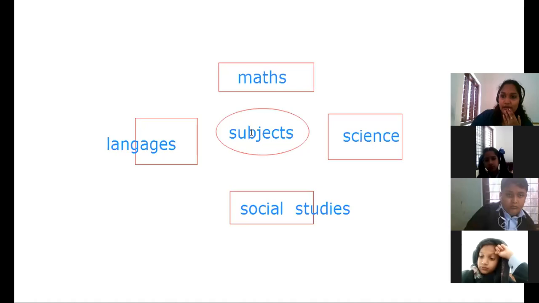Subjects can be classified. When we talk about subjects, we have languages to study, we have mathematics, we have science, we have social studies. Clear?